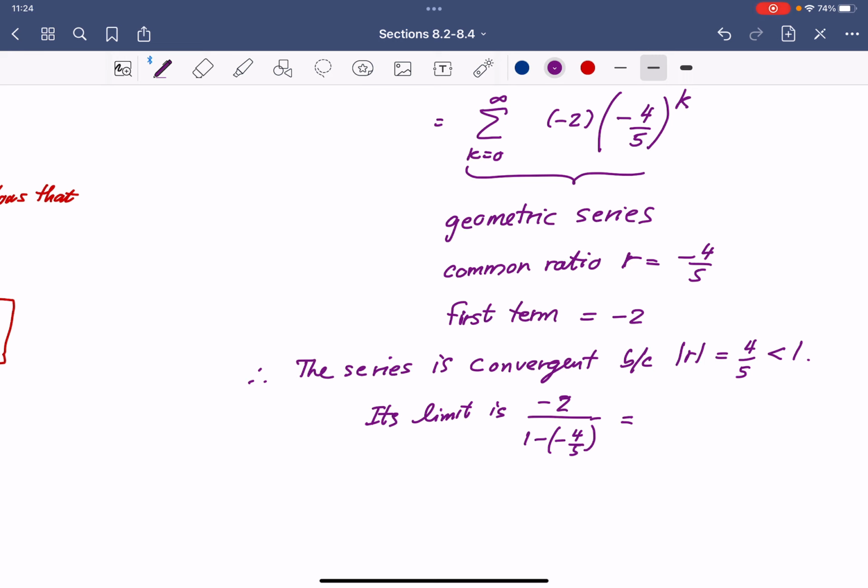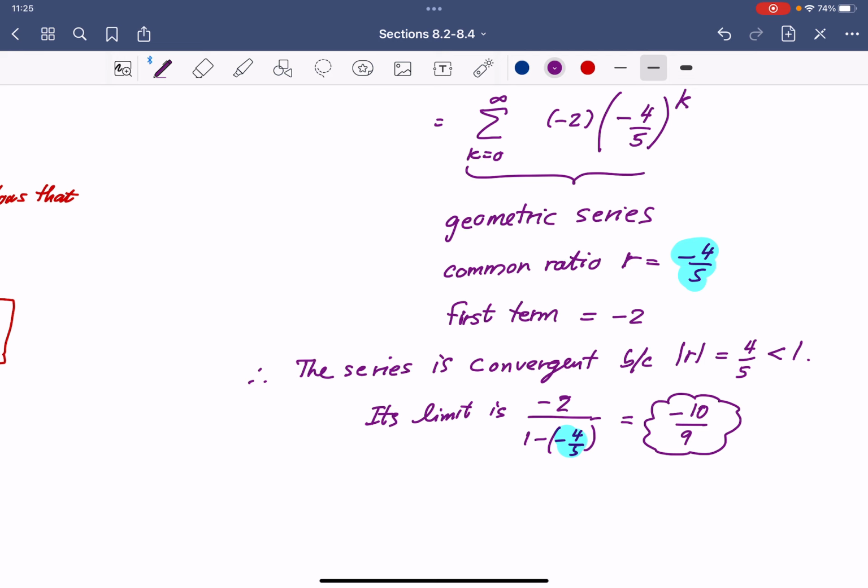So when you plug in, you need the negative sign as well, not just 4 over 5, because actually r is negative 4 over 5. And then on the bottom part, you have 1 plus 4 over 5. This is actually 9 over 5. And the answer is going to be negative 10 over 9. So basically, if you compute the summation of that one, it's going to go to negative 10 over 9.